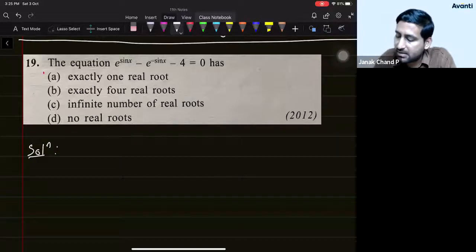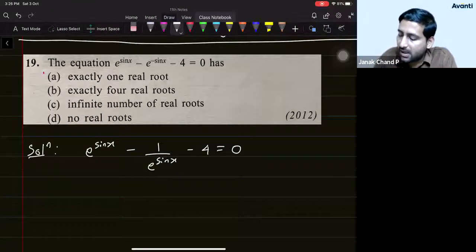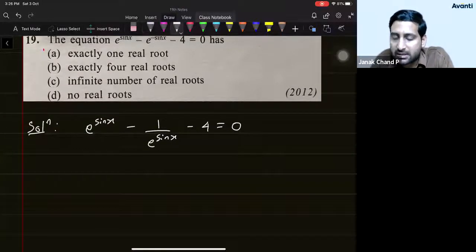That is, your question is e to the power of sin x minus 1 by e to the power of sin x minus 4 is equal to 0. Right? A negative power when it goes to the denominator becomes positive. Okay. So now you can easily understand that you have solved this kind of equation in your schools also.